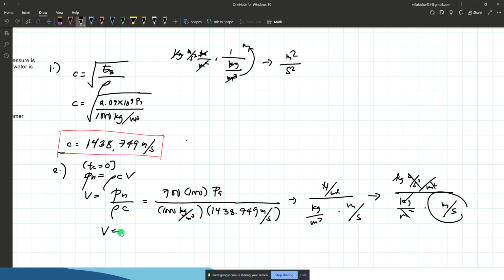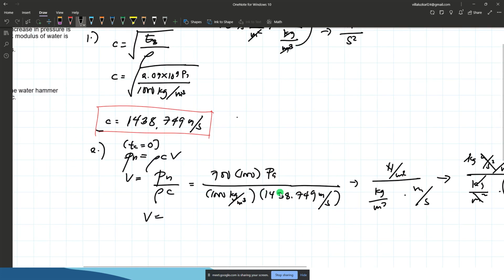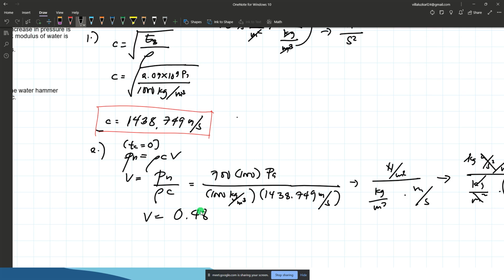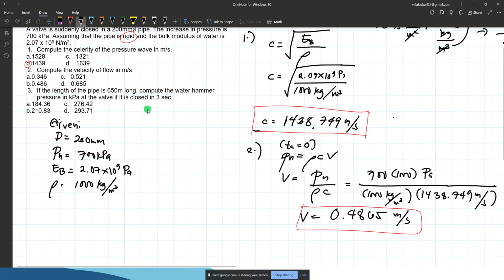So the velocity is equal to 700 times 1000 over 1000 times 1438.749. So the velocity is 0.4865 meter per second. So the answer for number 2 is letter A.